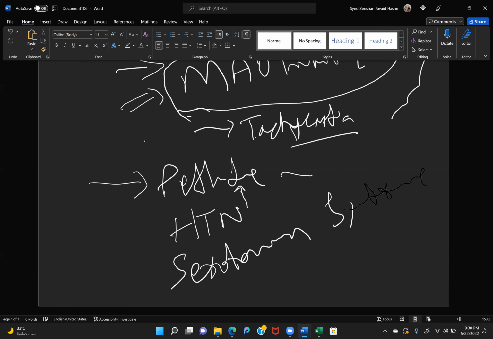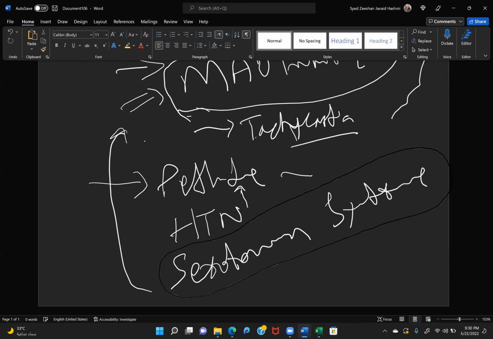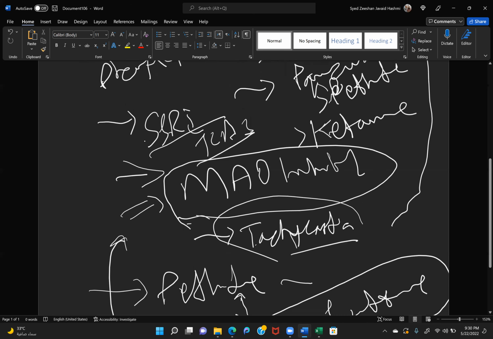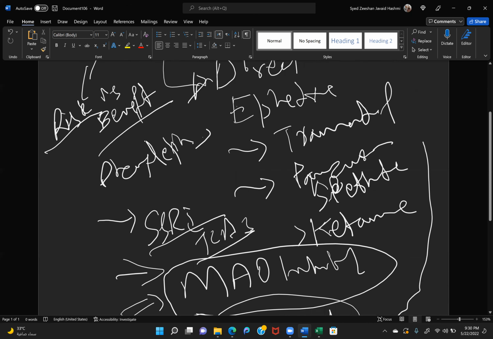If the patient is on MAO inhibitors, there are chances of serotonin syndrome intraoperatively, especially with tramadol. Remember the common drugs: tramadol, pancuronium, pethidine, ketamine, ephedrine. Also some people consider histamine releasing drugs.